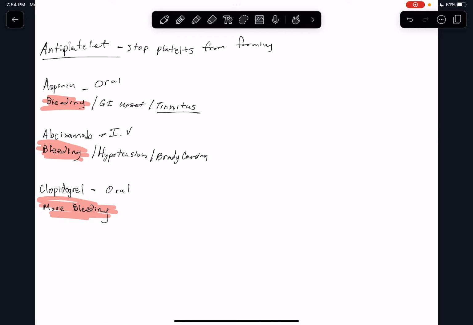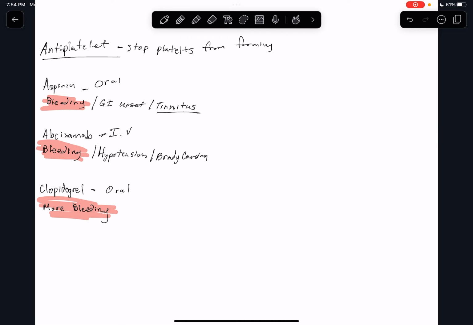Next one, aspirin. Since it can be classified under NSAID, quote unquote, you're going to have problems with GI upset. So monitor for any upset stomach, nausea, vomiting. Tinnitus, anything that is an NSAID has a risk for causing tinnitus.